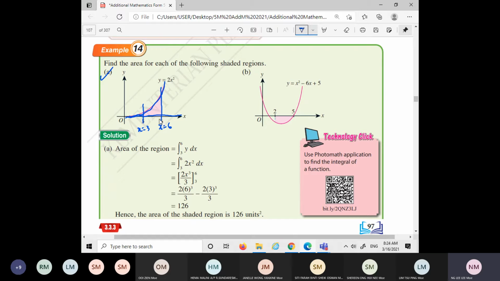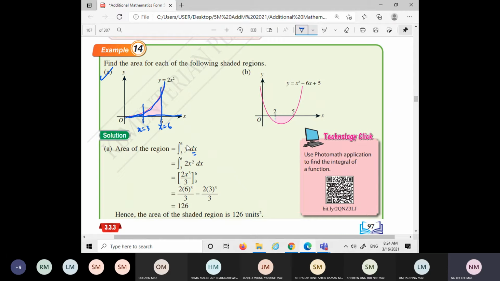This 6 and 3 you take from the x-axis, right? Here is dx. If here is dy, then it's x dy. If here is dx, it means it's y dx. So you write out the integration. This is the area formula.